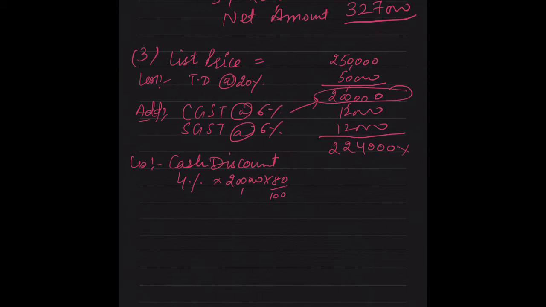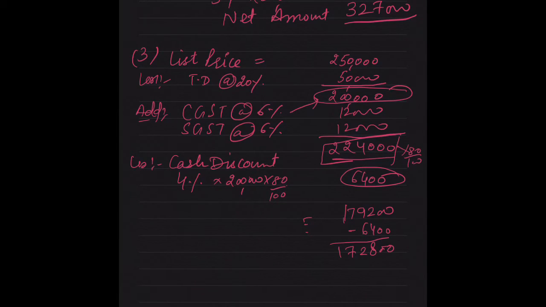The amount will be 6,400, but we have to calculate 80% of this. The amount will be 1,79,200, and now less 6,400 from this amount, which gives 1,72,800.